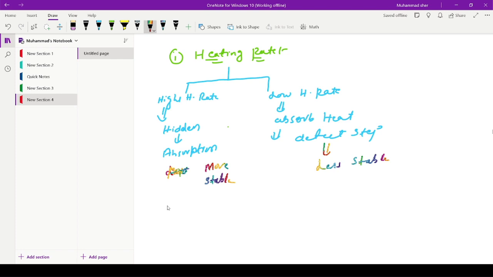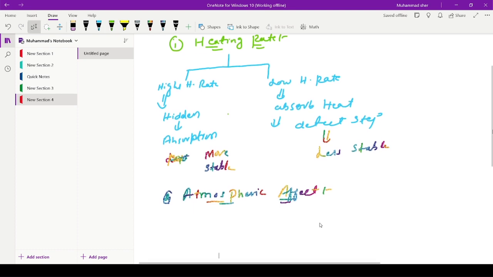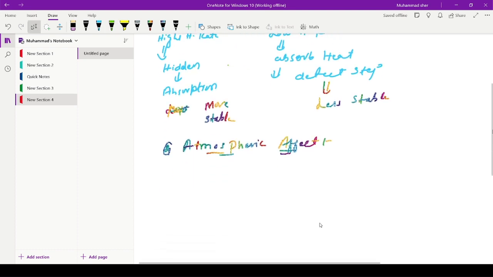The second factor that affects the thermogravimetric analysis is the atmospheric effect. Now, in atmospheric effect, we have some substances that are unstable to oxidation, that are prone to oxidation.